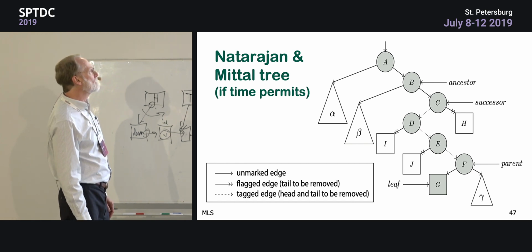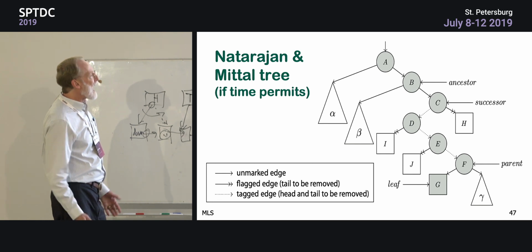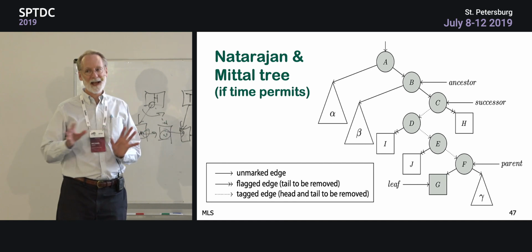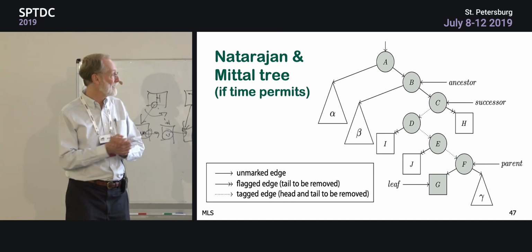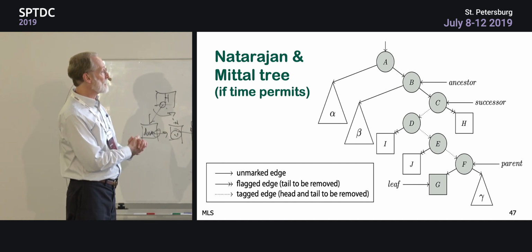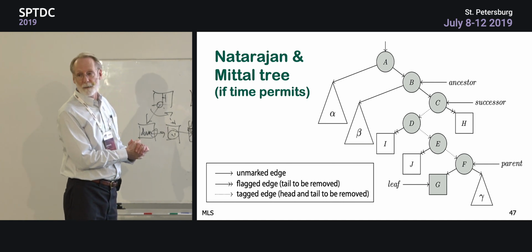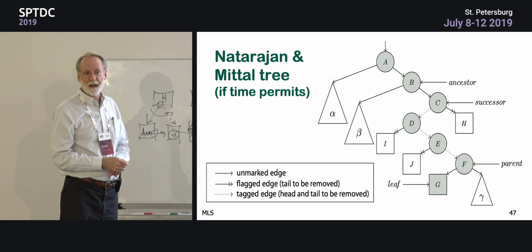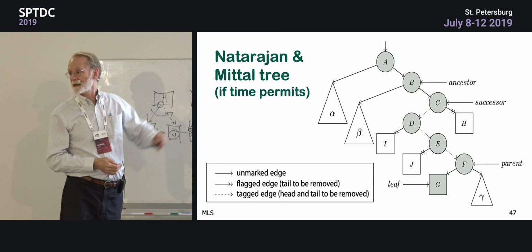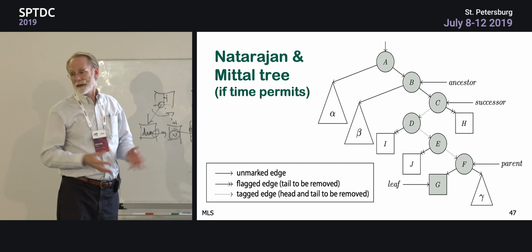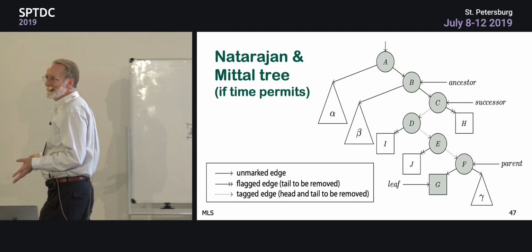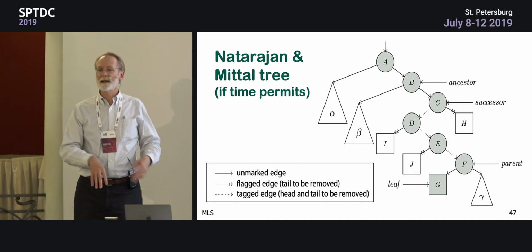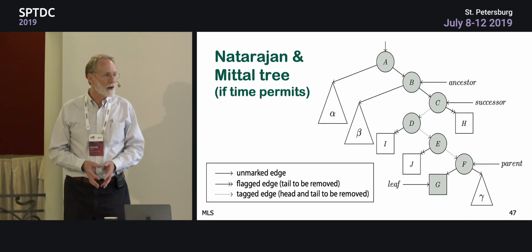As this picture suggests, but in a way that's more complicated than I'm planning to try to explain here, we can have multiple delete operations going on in the middle of this path from C to F and still successfully do something to G down at the bottom. And that's really the innovation of this algorithm, that it has higher concurrency than the original Ellen et al. algorithm.